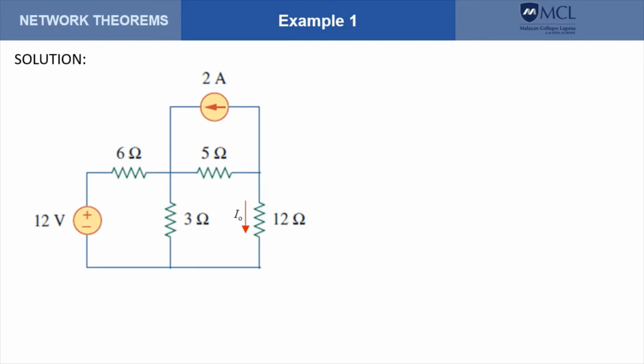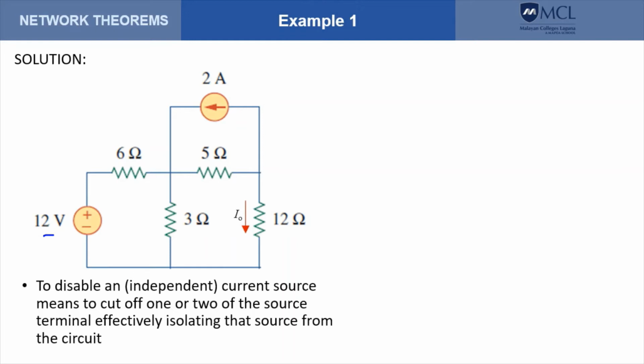Now let's say that we want to know the current through the 12 ohm resistance due only to the 12 volt source. So that means we need to disable the current source so that it won't have an effect on the circuit.